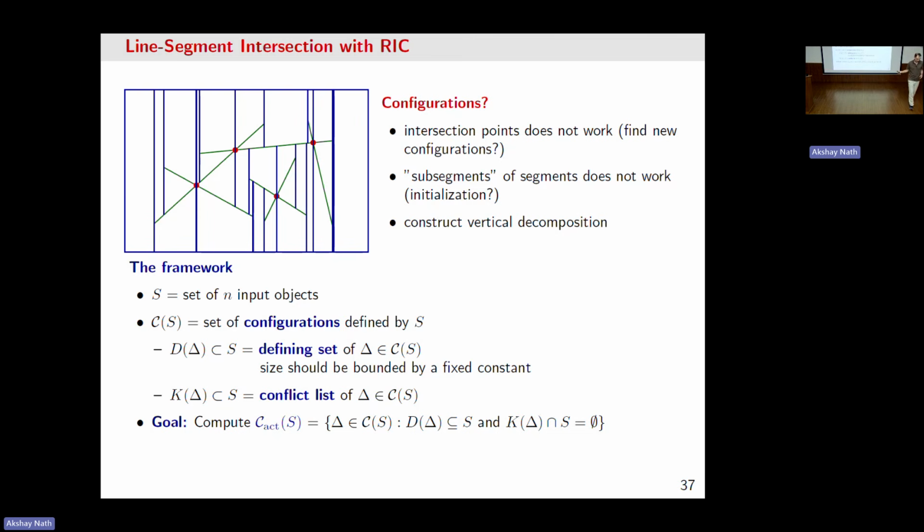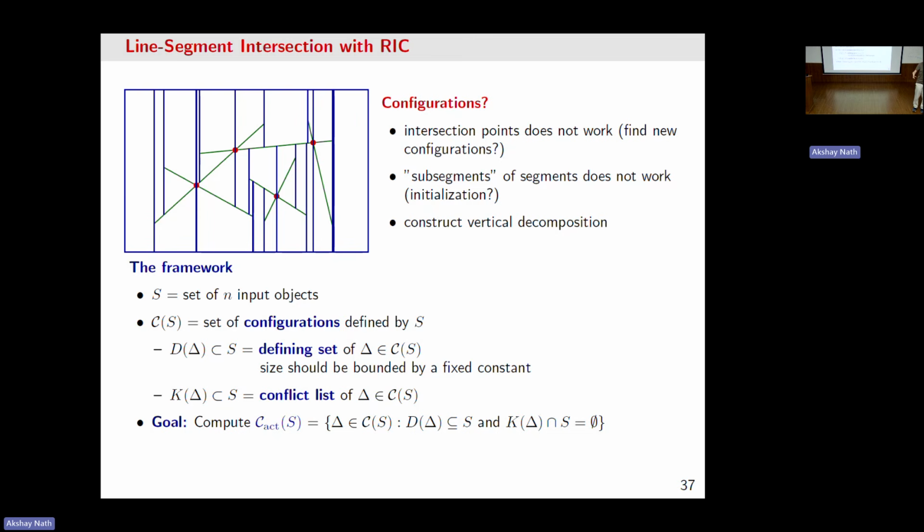You can also wonder, maybe we can triangulate instead of doing a vertical decomposition. So you have to ask yourself, what do we need so that it fits into the framework? First of all, and I did not say that explicitly, although it follows from the definitions, which configurations are active.